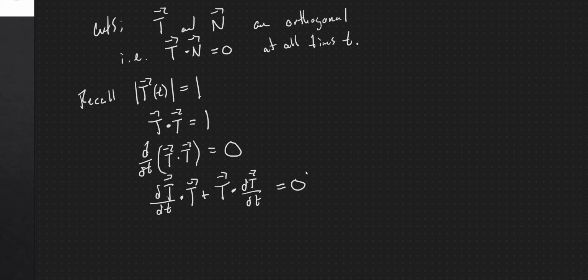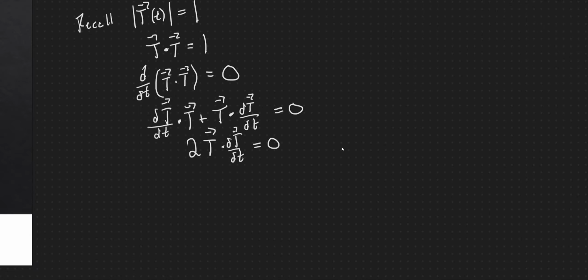And we know that's equal to 0. We know dot products are commutative, so this is really 2 T dot dT/dt, equal to 0. And hence T dot dT/dt is equal to 0. So what that tells us is T, the unit tangent vector, and its derivative with respect to our parameter t are orthogonal.